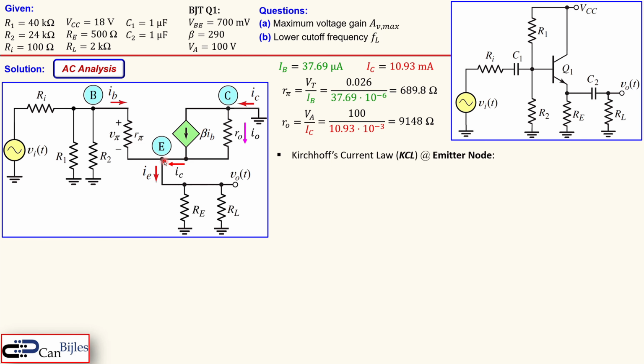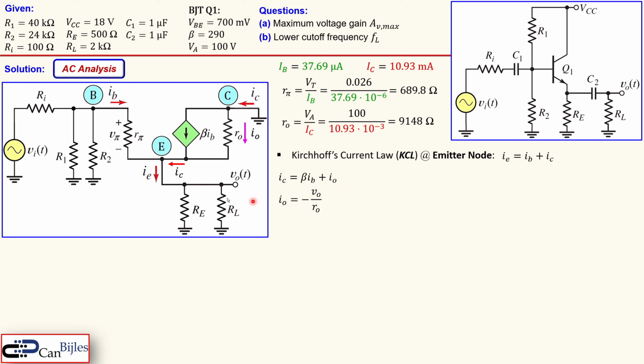I will now apply for my analysis Kirchhoff's current law, KCL, at the emitter node. That is, the emitter current is equal to the base current plus the collector current, as I said before. But the collector current itself is beta times IB plus IO. That is shown here.